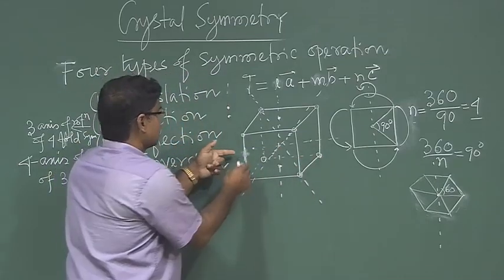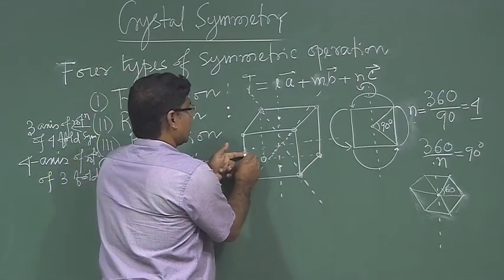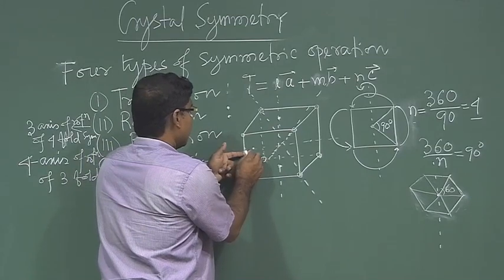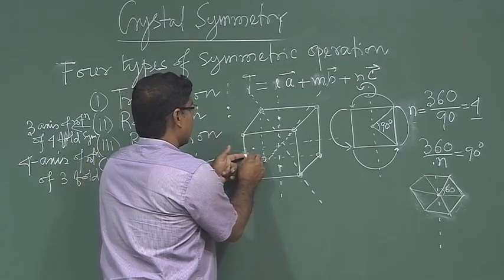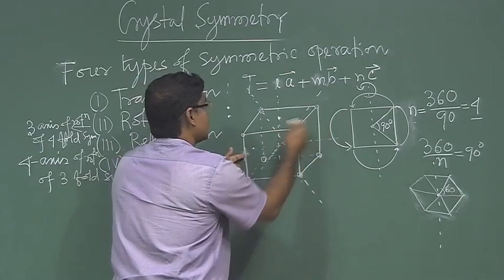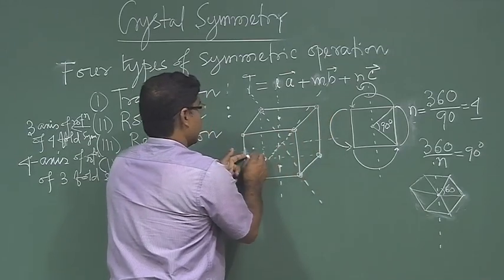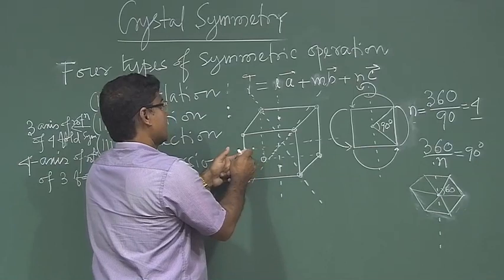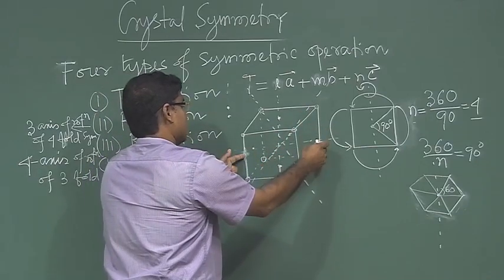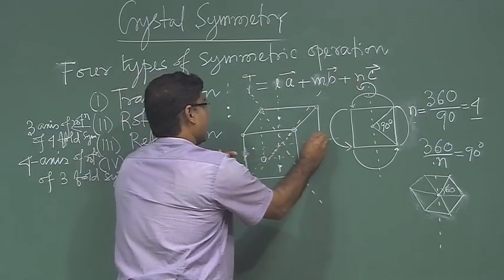So, passing through the middle of the opposite edges of the cube, this one and the one opposite to it.